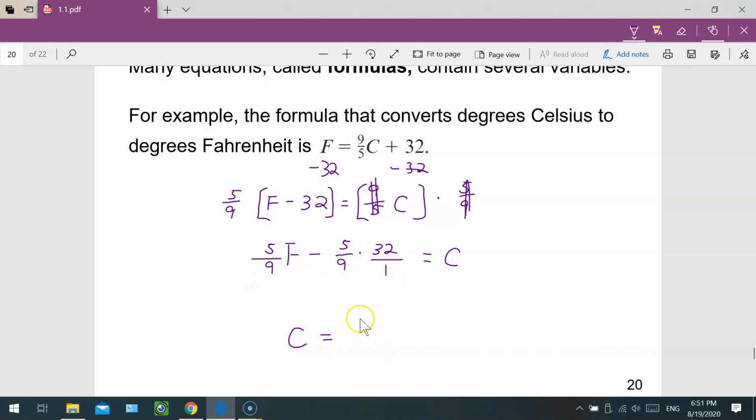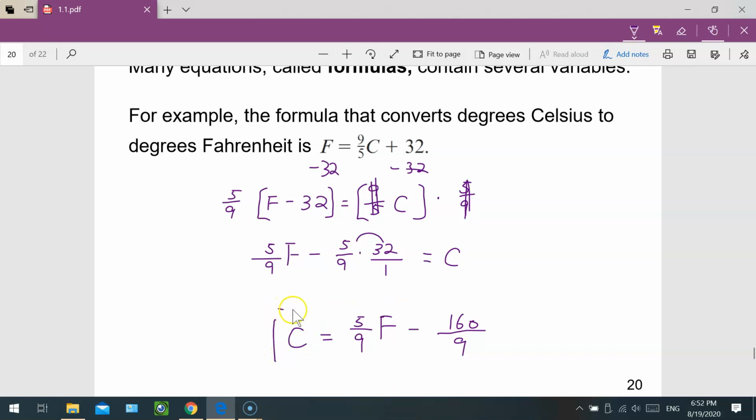Now the right hand side, I'm going to clean up: 5/9 Fahrenheit minus. When you multiply two fractions, we just multiply across, right? The numerator multiplies with the numerator. So you'll have 160/9.